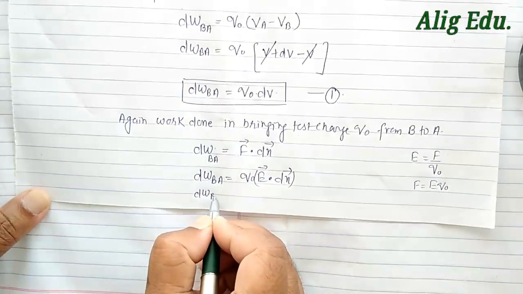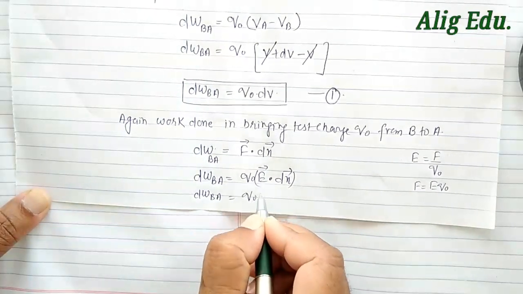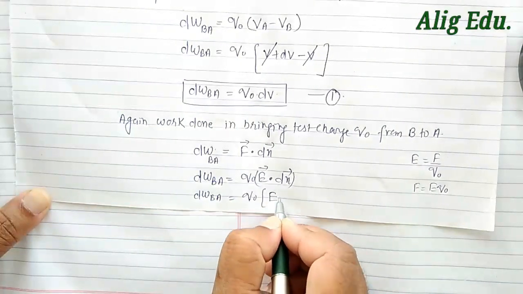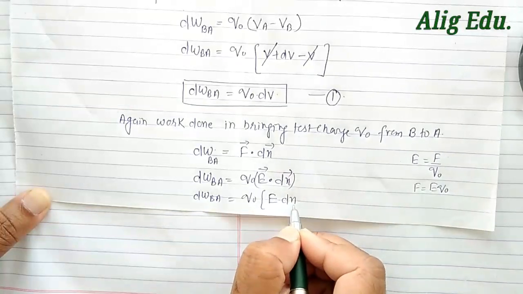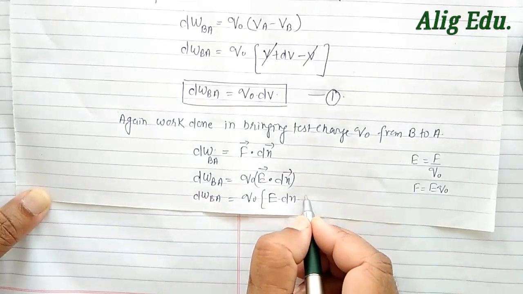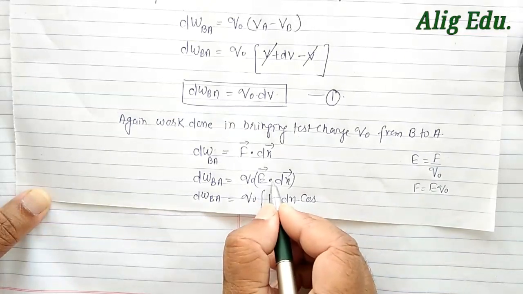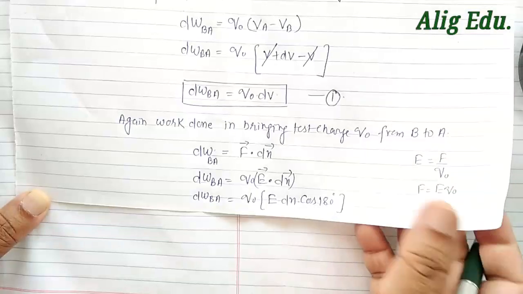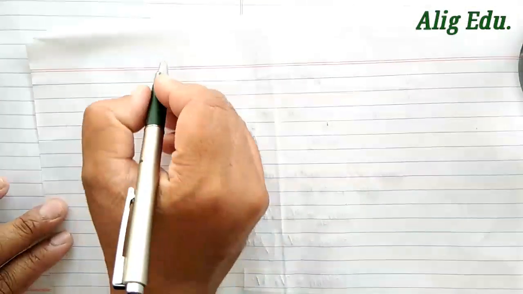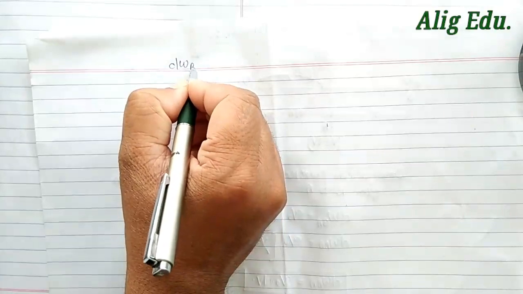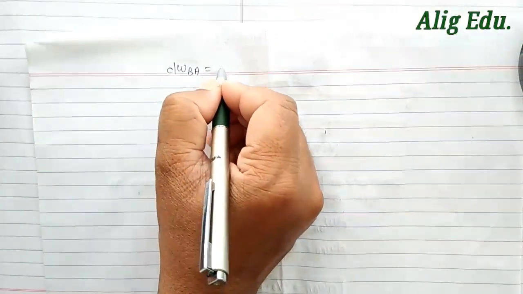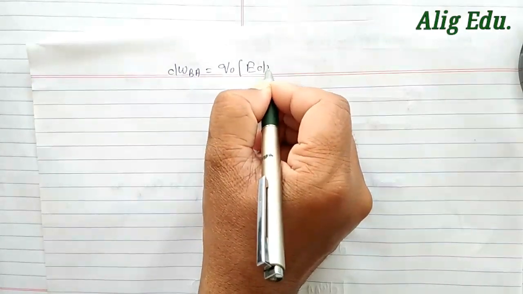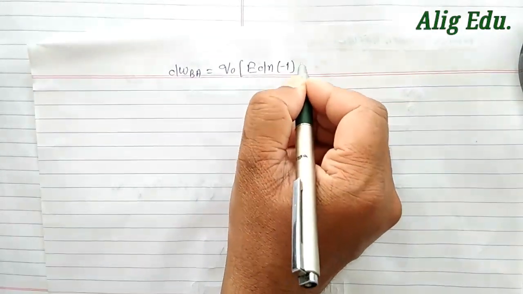So dWBA is equal to Q naught, and the dot product of two vectors is the magnitude of the first vector times the magnitude of the second vector times the cosine of the angle between them. What is the angle between these two? 180 degrees. So dWBA is equal to Q naught E dx cos 180, and cos 180 is equal to minus 1.